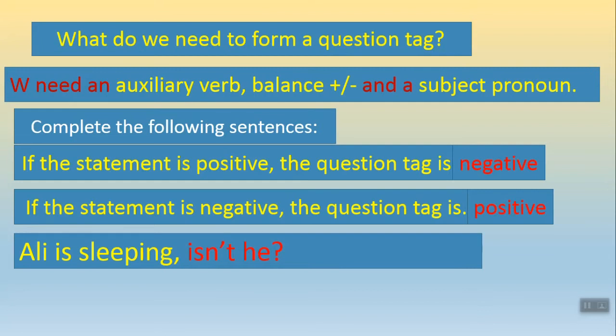Now look at this sentence. Ali is sleeping, isn't he? So now we have two parts. The first part is the statement. Ali is sleeping. This is the statement. Isn't he is the question tag. You studied that in the first term, okay? So now I want to form a question tag. What is the helping verb or the auxiliary we have here in this sentence?